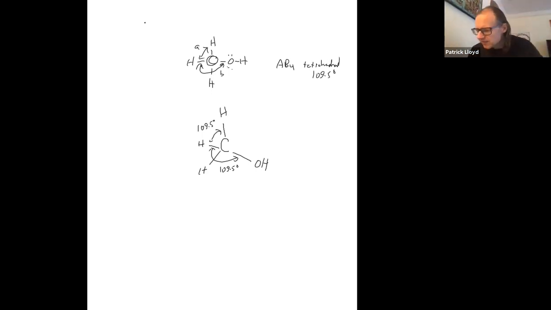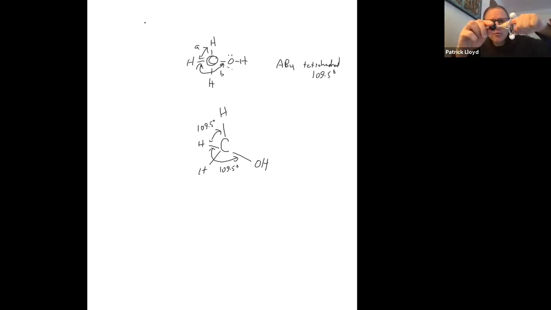Just to show you one that's a little simpler, here's our trigonal planar. So imagine I put a different group on here. Here's our trigonal planar, only 3 groups now. Suppose I said, what's the angle from here to here?